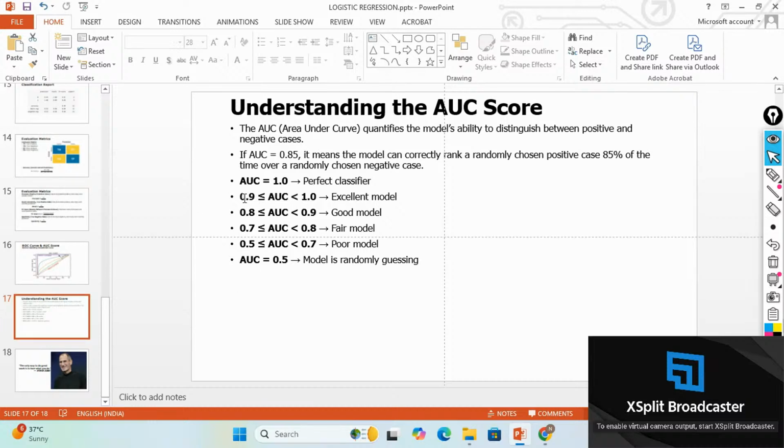It's better if you also calculate the area under the curve. Yes, that is actually talking about the model that you have built. So this is about logistic regression. We'll talk more about logistic regression within a project in the next session.